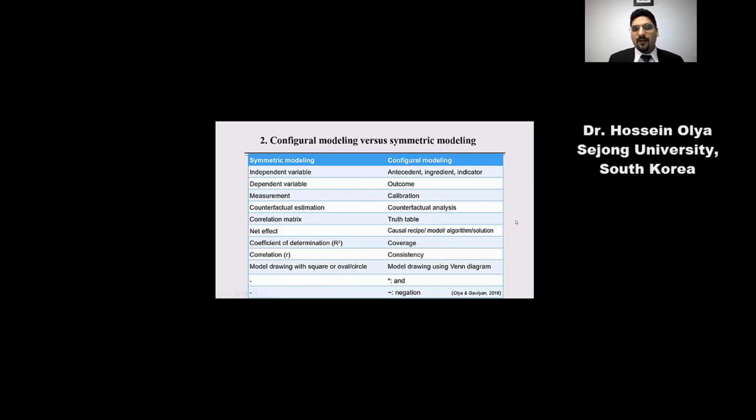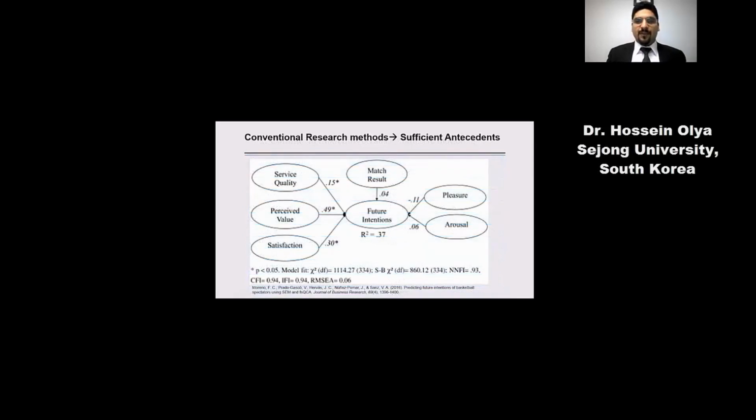Because I feel that this would be new to the participants, I try to provide more practical examples from articles published in serious journals. Then a participant would be able to read and reach those models in the original research. For example, Moreno in 2016 modeled the future intentions of basketball spectators.